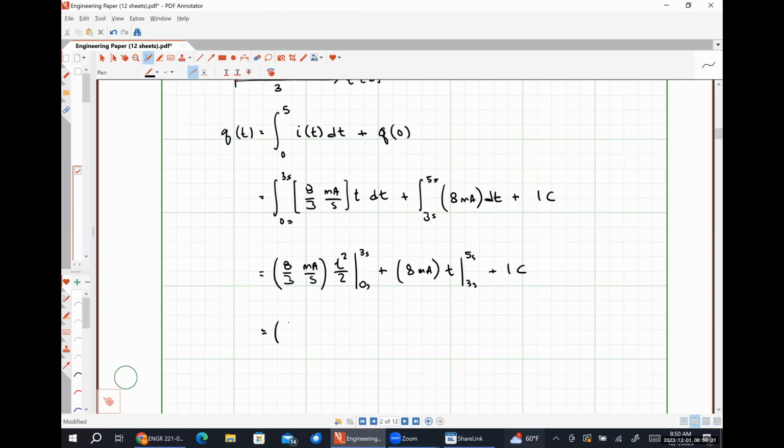So we're going to have 8/3 milliamps per second times 3 seconds times 3 seconds is 9 seconds squared, divided by 2, minus 0. So I'm just going to leave the minus 0 part off.